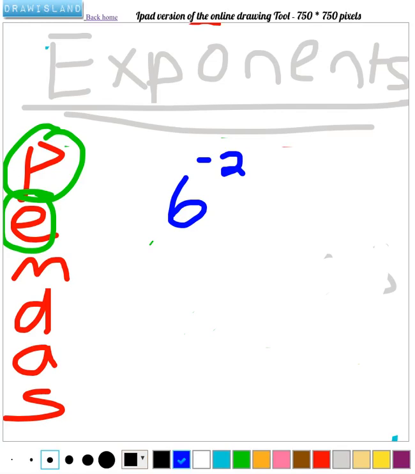What do you do about that? Well, it's simple. All you have to do is turn it into a fraction. You put 1 on the top and 6 to the power of negative 2 on the bottom. But now it becomes positive 2. So you put that 1 over it, and then that means it's 1 over 36.